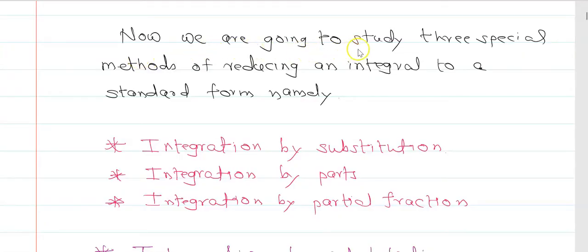Now we are going to study three special methods of reducing an integral to a standard form, namely integration by substitution. It's very interesting and very important.